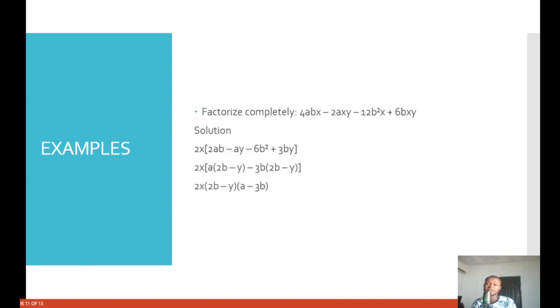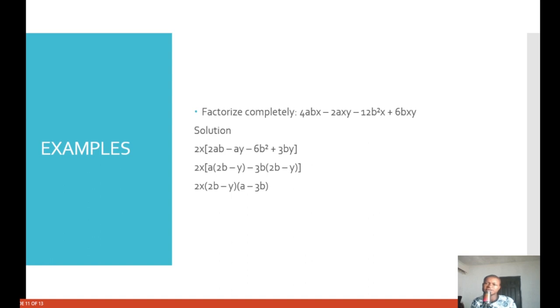We have another one to see. We are asked to factorize completely 4abx minus 2axy minus 12b squared x plus 6bxy.